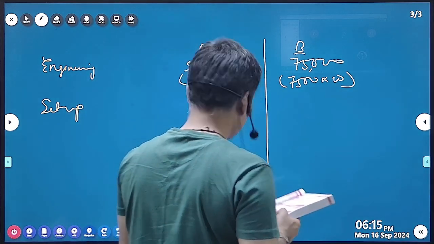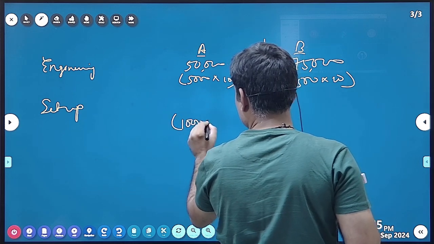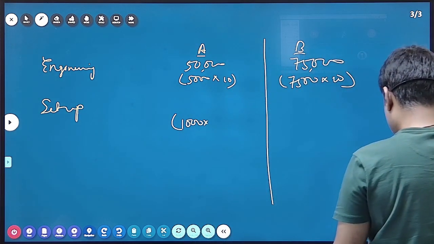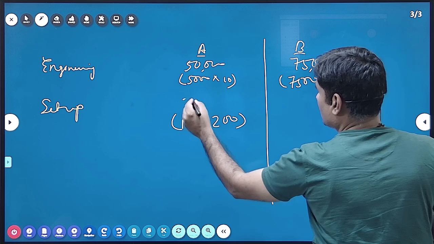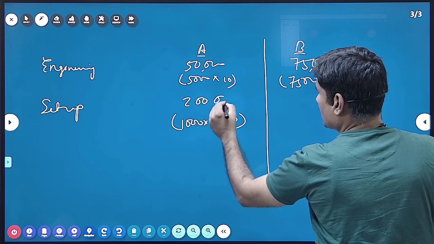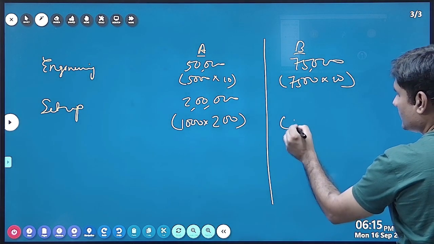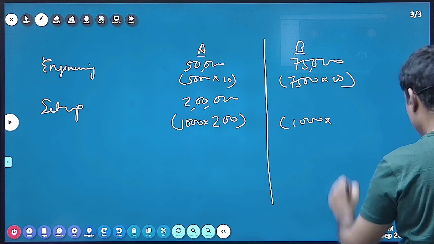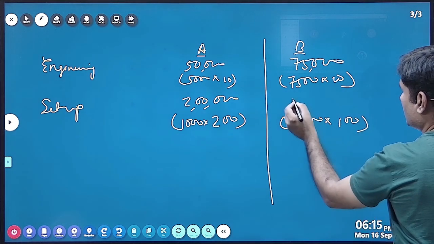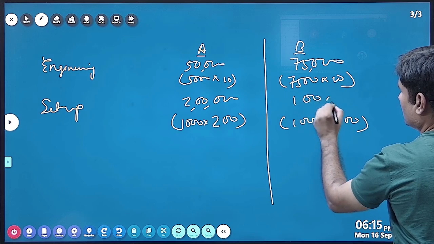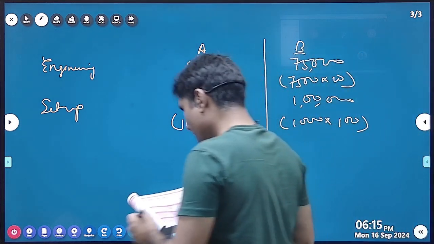For setup it was 1,000, right? Per unit 1,000. How much setups is required for A? 200. 2 lakhs. For B, how much setup was required? 100. 1 lakh. Then machine hours.